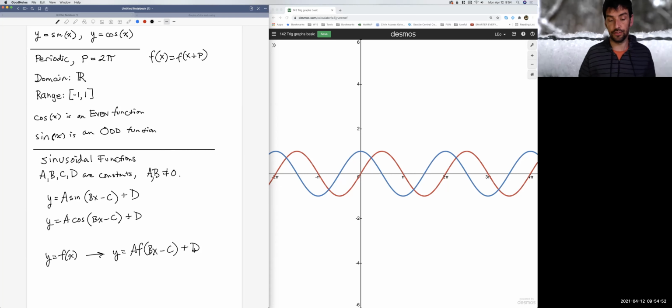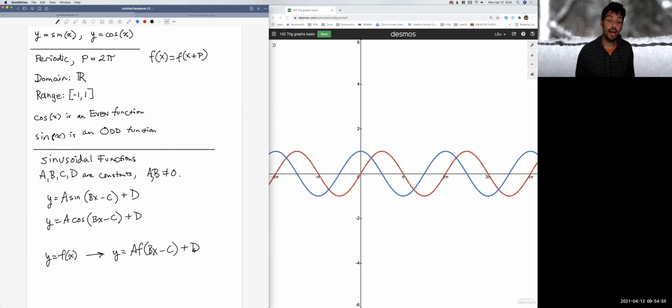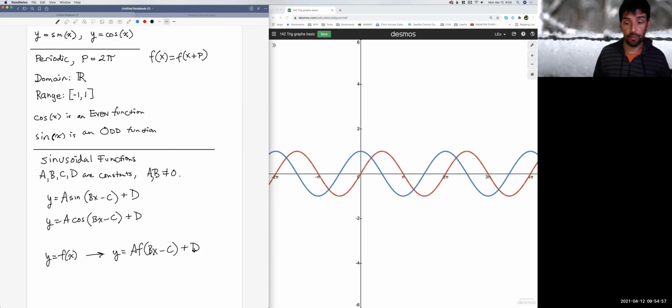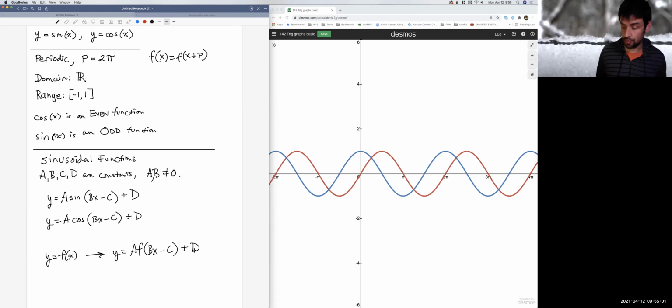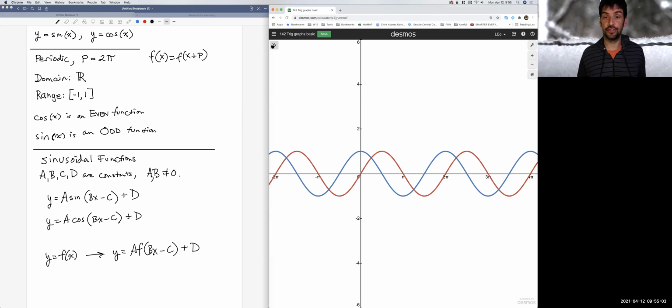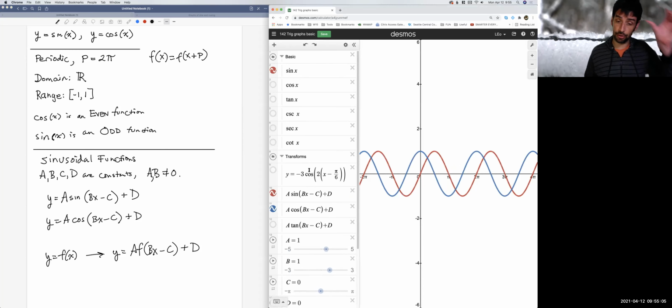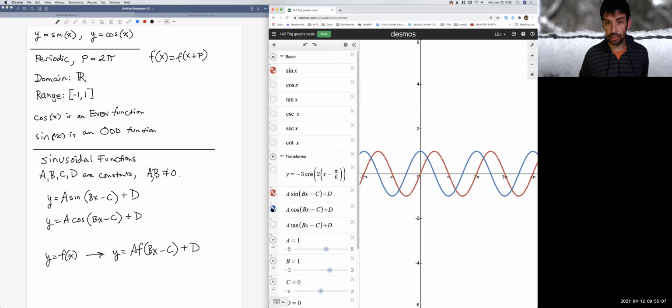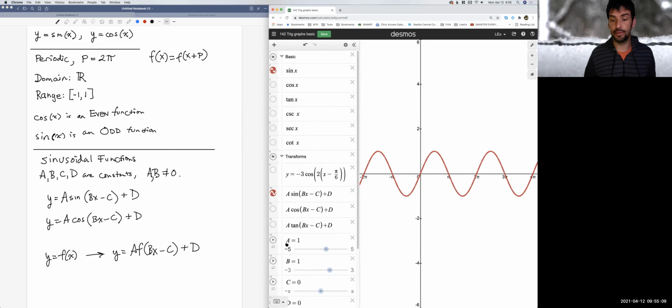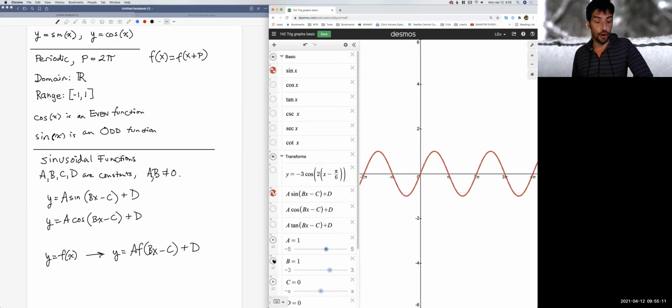This can be done to any function, and these transformations are what we've done to sine and cosine. And you might recall what these transformations do. Let's remind ourselves. We'll go through in detail. I'm going to look just at sine to make this a little easier.